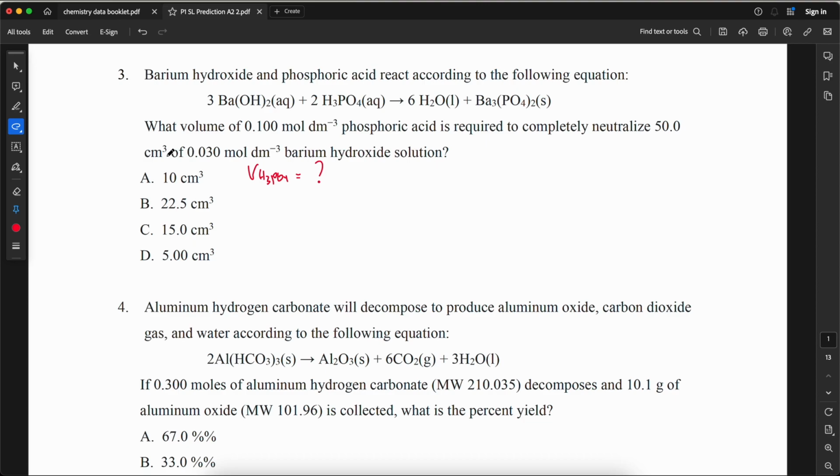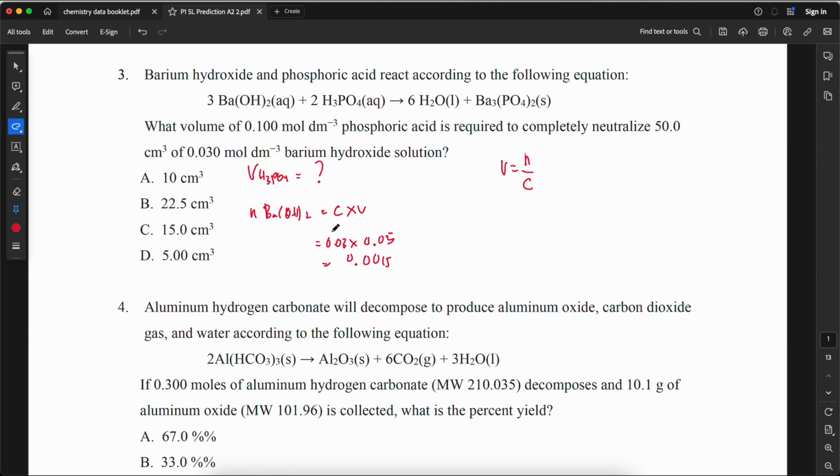So volume is known, concentration is known, so we can calculate mole of barium hydroxide, which is C times V. So 0.03 times 0.05, because it's in centimeter cube, so it's 0.0015.